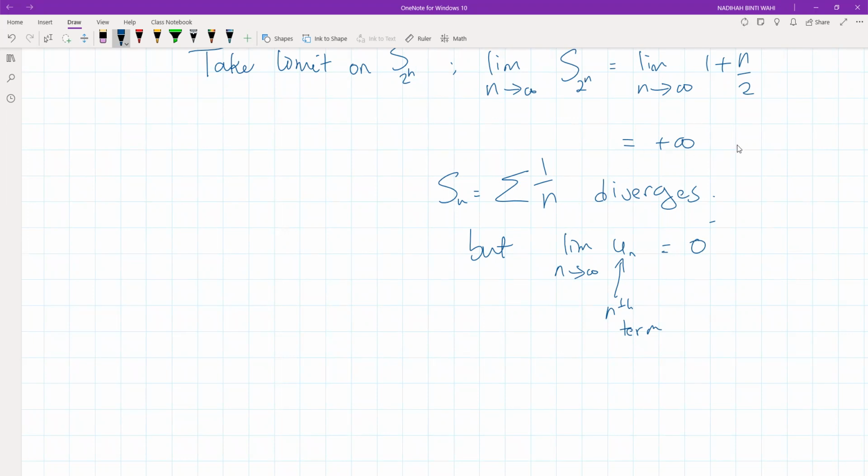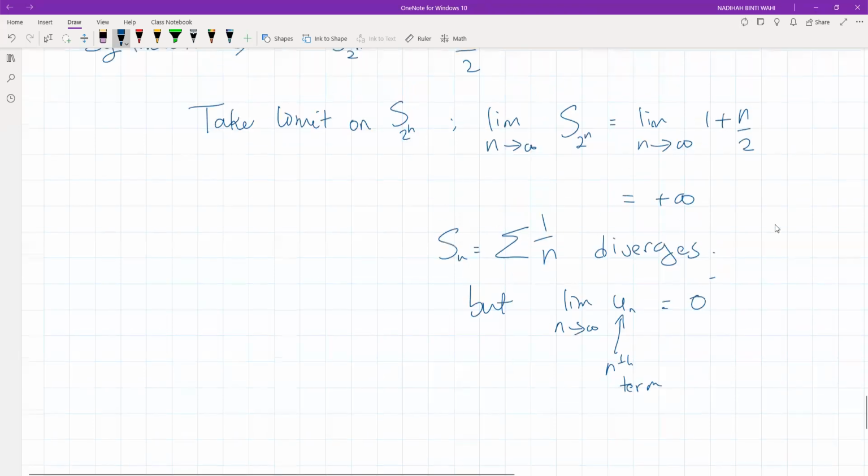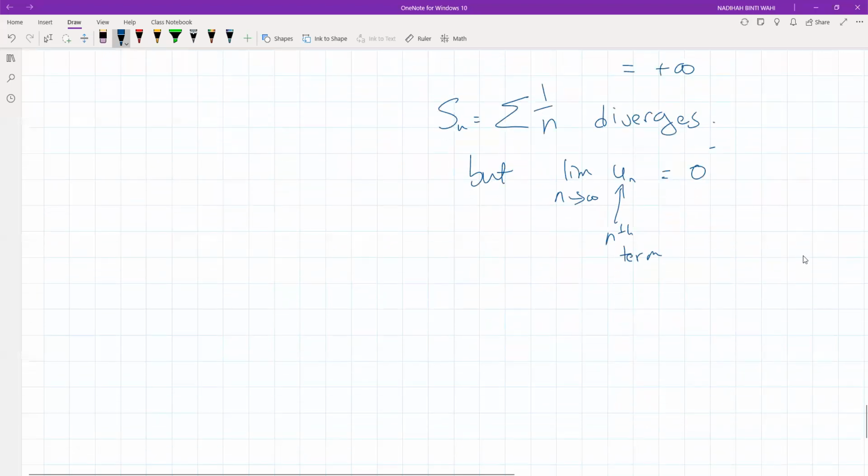You get almost 0. So in this case, you can see that the converse is not true, even though the limit of u n is 0. You need to remember this one because this is called the p series.